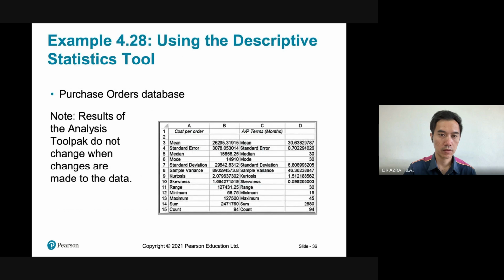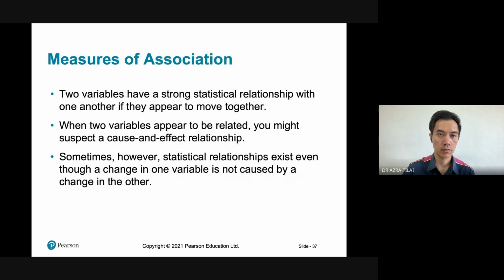This one, measure of association. So how many more slides we have? Okay, so next one is measure of association. I think you cannot view it, right? Okay, let's see how many. Association.